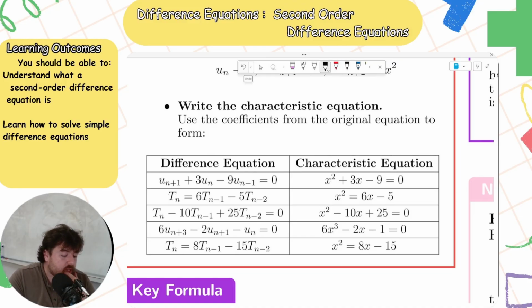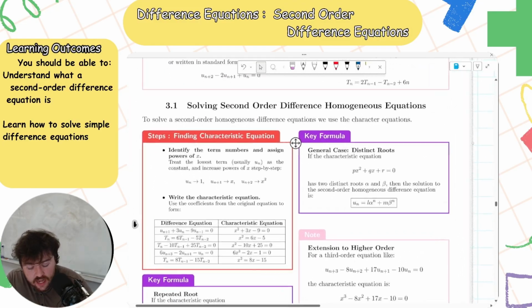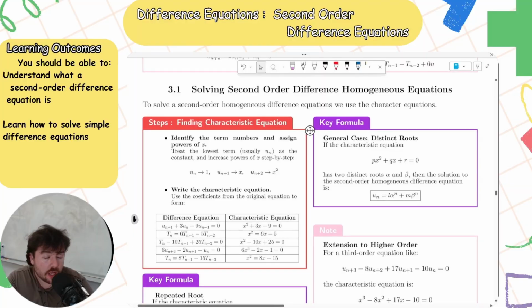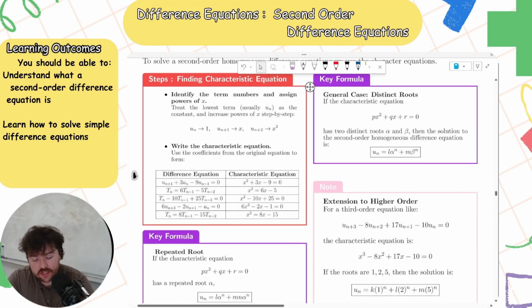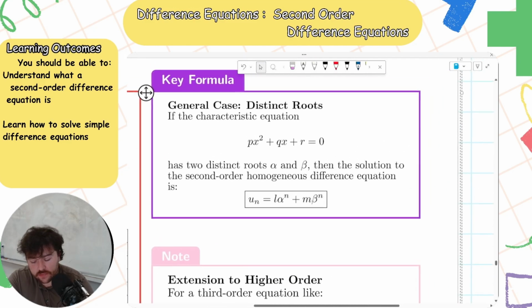So why do we need to have a characteristic equation? We need to get the characteristic equation of my homogeneous second order equation. Then we need to find the roots of that quadratic. And depending on what the roots are, we have two distinct formulas, right?